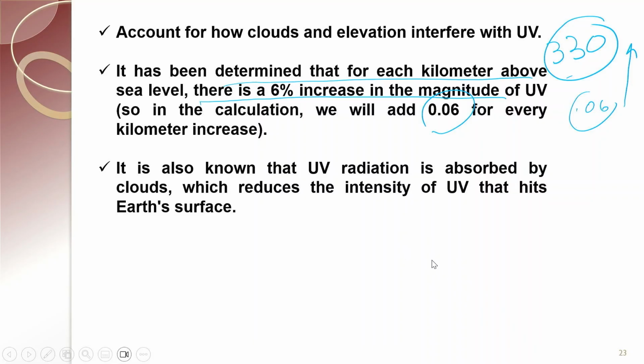And also we know that the cloud cover absorbs the UV ray, which reduces the intensity of UV at the earth surface. There are different standards or norms available for different types of cloud cover.